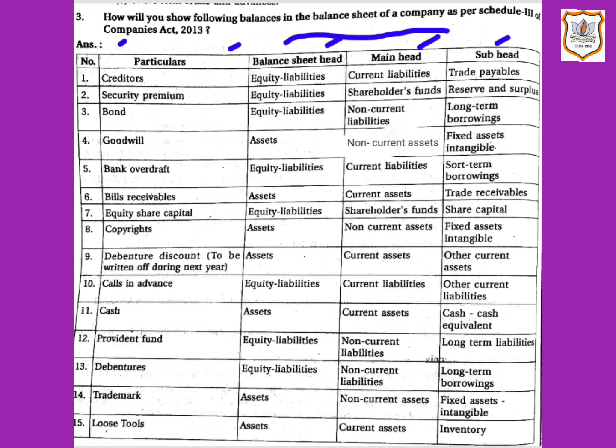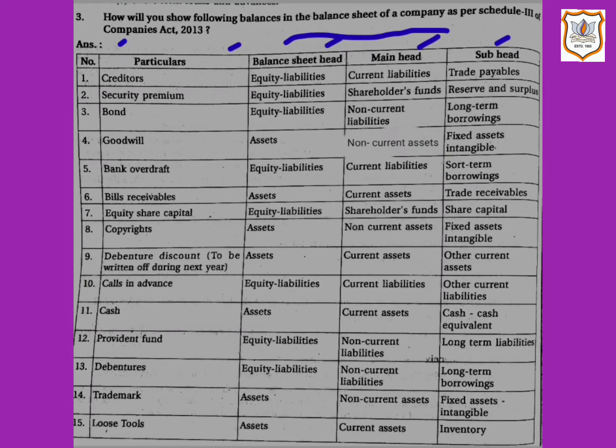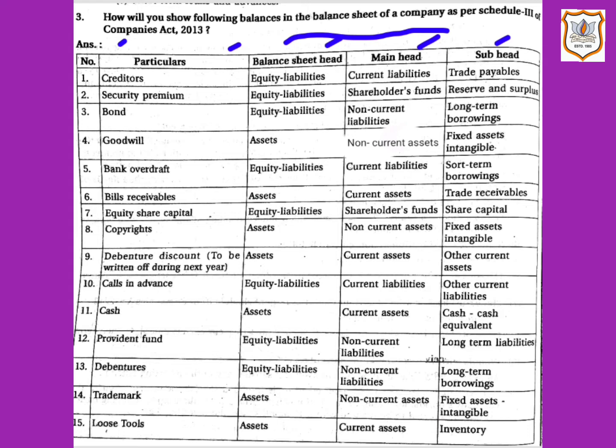Now let us see first item that is given in the question, that is creditors. We know that creditor is a liability, so in balance sheet we will show it in equity and liability side, and it will come under main heading current liabilities, and under that it will come under subhead, that is trade payables.